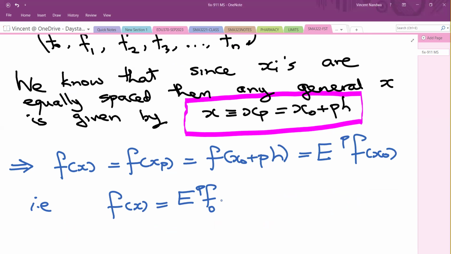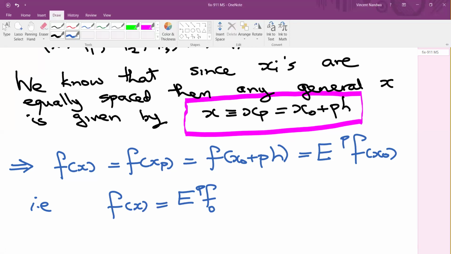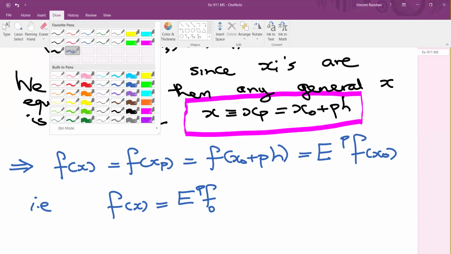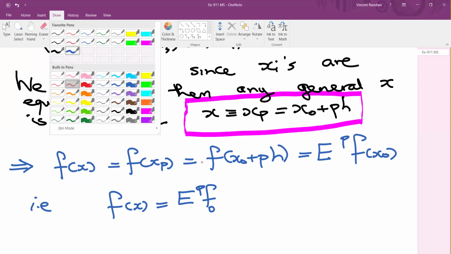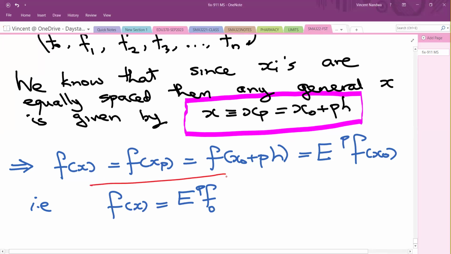Do you understand how we are obtaining the relationship between f of x and the shift raised to power p? Are you able to see how I'm obtaining this relationship? Good. So this is how we're obtaining it.